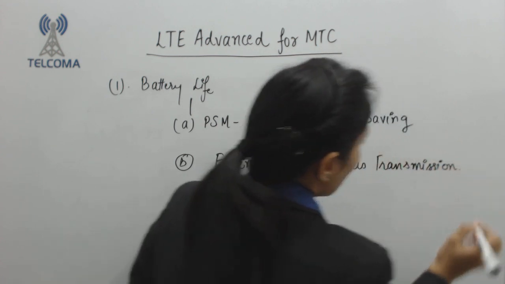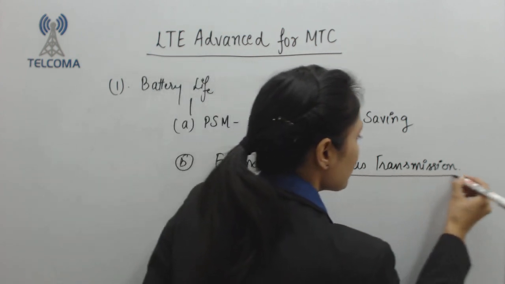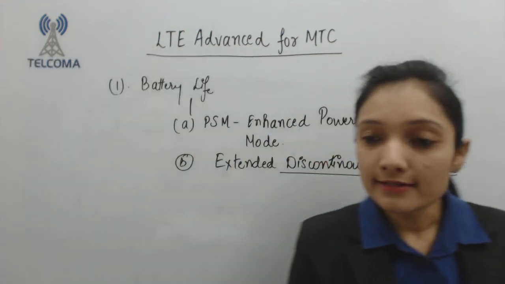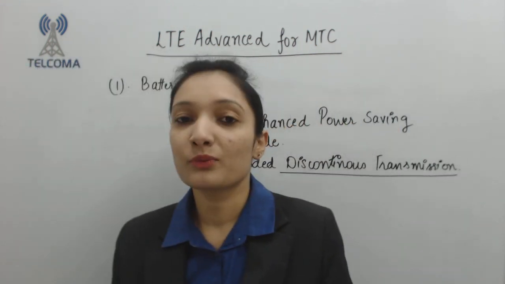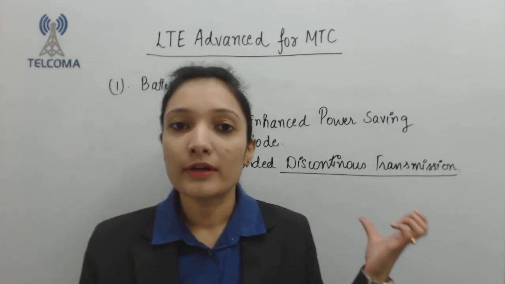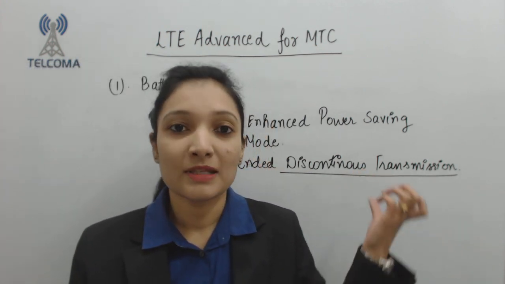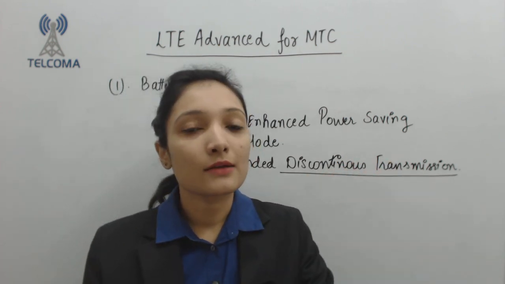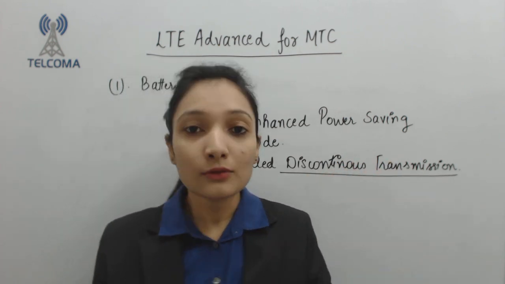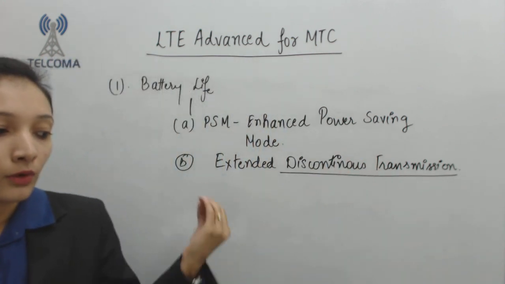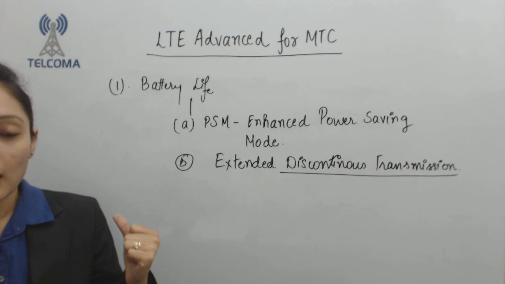That means earlier we had discontinuous transmission only, but now we have the extended discontinuous transmission. That means we have longer sleep cycles which are optimized for delay tolerant applications. If there is nothing to transmit, the device can go to the sleep mode for a longer time.